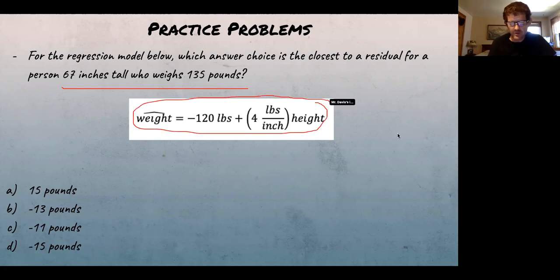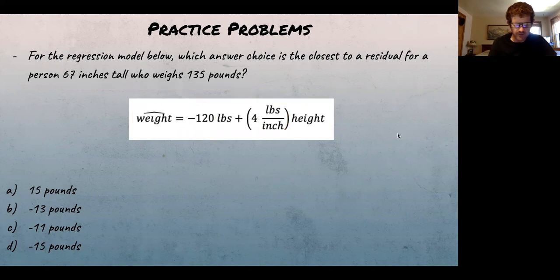There was a good question asked earlier in a different class where someone was getting confused by the pounds and the pounds per inch. Remember, these are the units that we're using for our slope, units of y over 1 unit of x. And then we've got the pounds, which is a unit of our y variable. So just keep that in mind, but let's go through and calculate what the predicted weight was going to be.